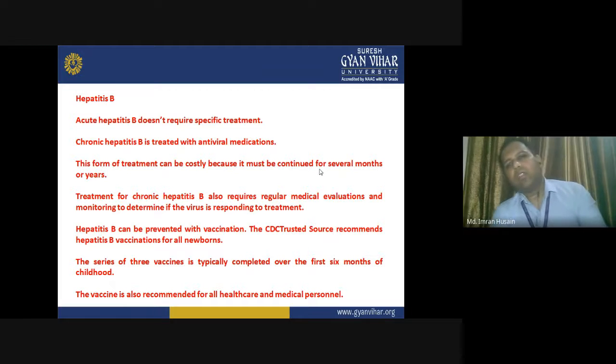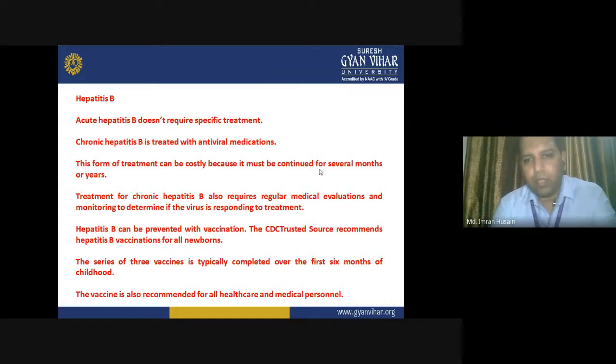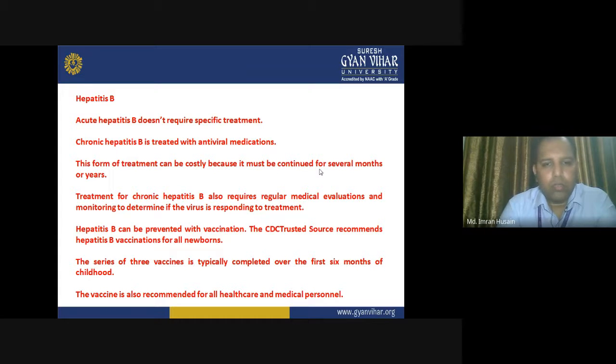So although they do give the treatment essentially required for the cure of hepatitis B, a regular analysis in between is also necessary in order to check the progress of the treatment. Hepatitis B can be prevented with vaccination also. The series of three vaccines is typically completed over the first 6 months of childhood. The vaccine is also recommended for all healthcare and medical personnel.